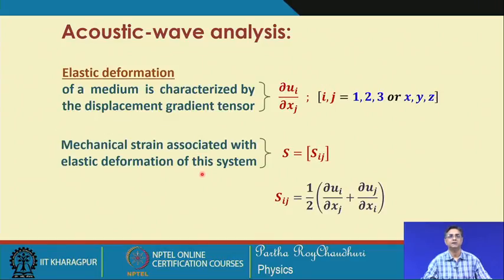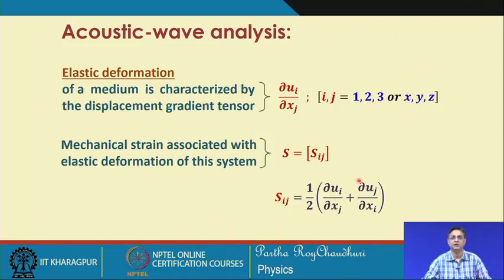So, let us consider the elastic deformation. Once again, the mechanical strain associated with this elastic deformation is of this form S_ij, a matrix which has elements del u_i del j plus del u_j del i.